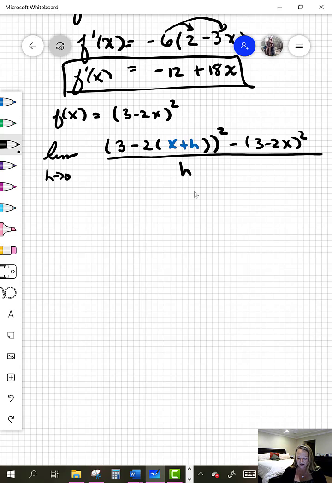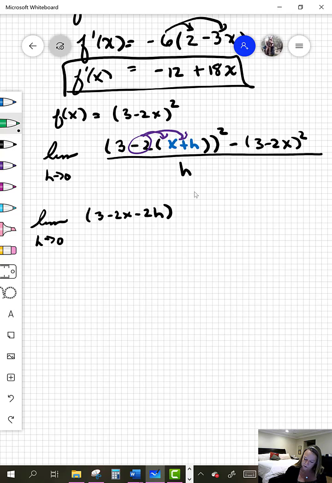So we want to go through here and clean this up and combine like terms in our numerator. So let's first distribute our negative 2 inside the parentheses. Let's bring down our limit because we haven't taken it yet. The limit as h is approaching 0 of 3, so negative 2 times x, that's minus 2x. Negative 2 times h is minus 2h. This is a quantity squared, so we want to write this out twice.